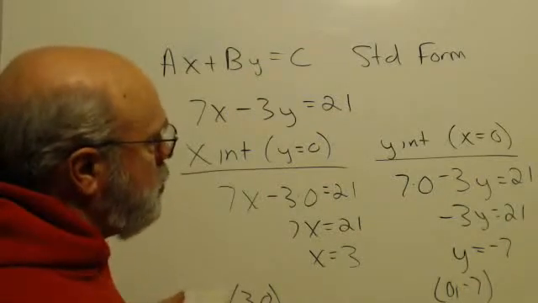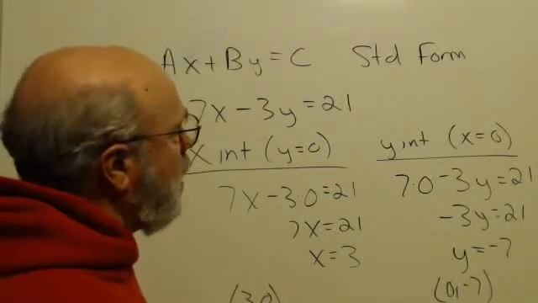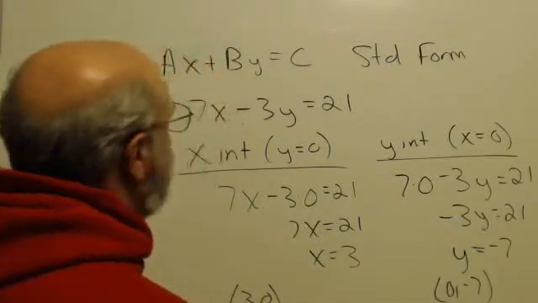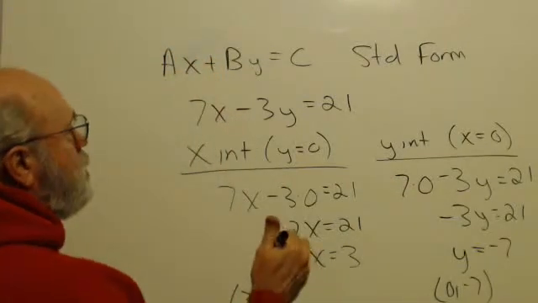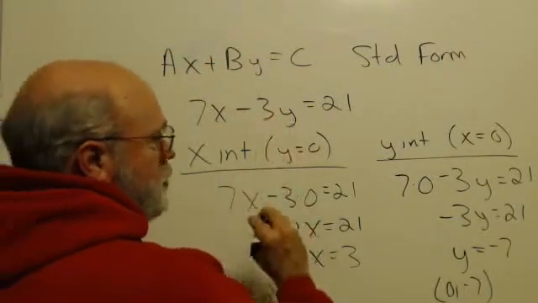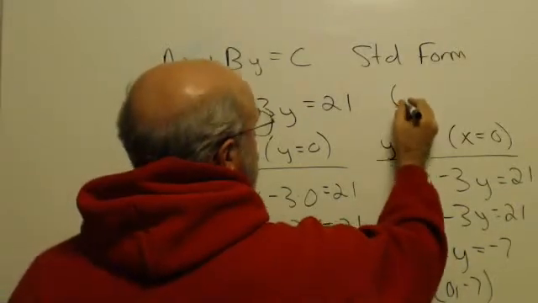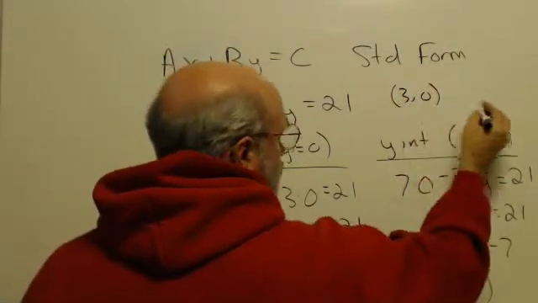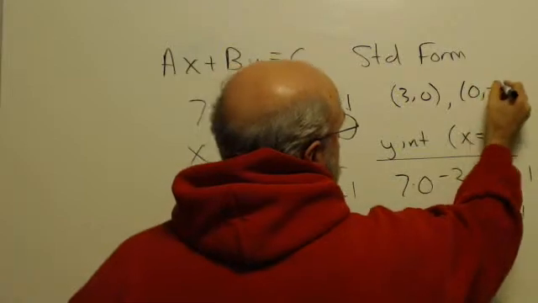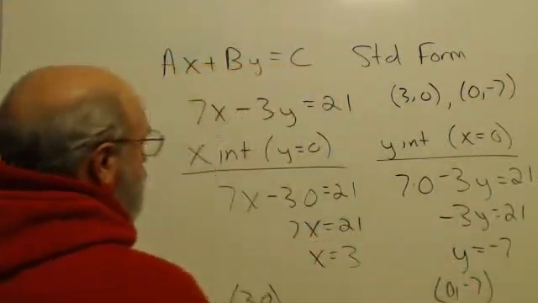Okay, well, let's suppose that the next thing says, well, we want to graph that. Okay, I'll just record a couple facts up here so I can erase. Here's our equation, and we have 2 points that we know, 3, 0, and 0, negative 7 are on our graph.